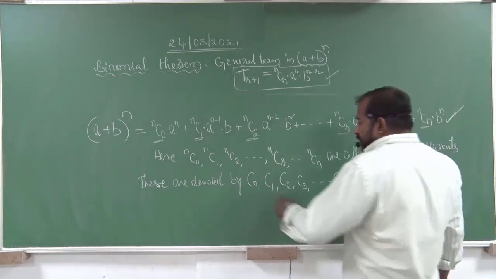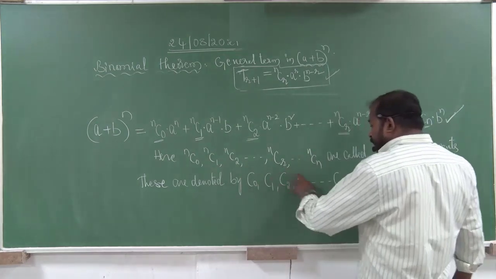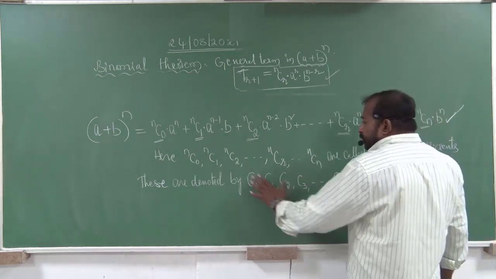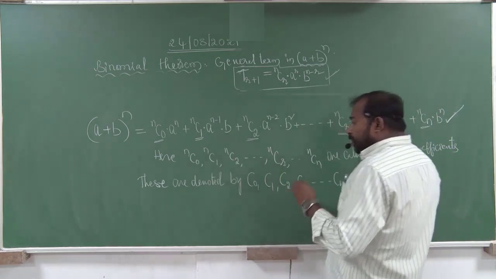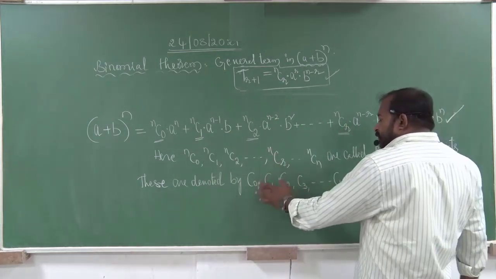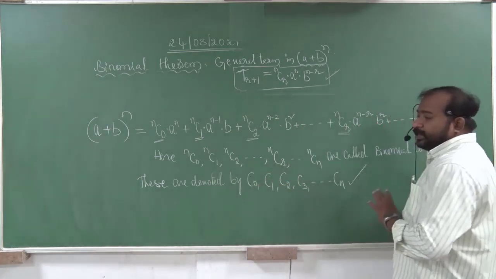Instead of writing nC0, nC1, nC2, nC3 up to nCn every time, we can simply denote them by c0, c1, c2, c3, like that.